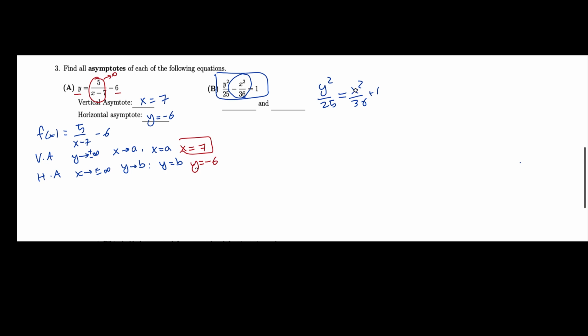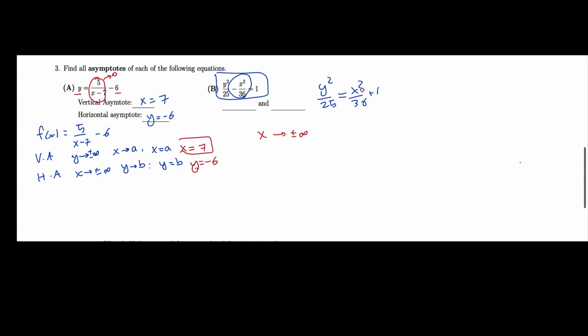Now, as x approaches positive or negative infinity, I can tell that the 1 basically becomes powerless compared to x squared over 36, because a very large x squared makes all the other numbers powerless.